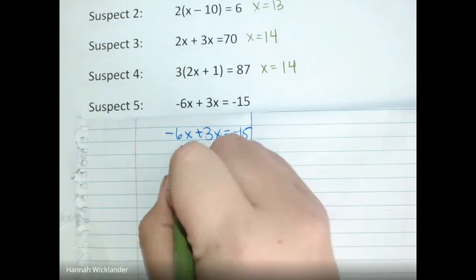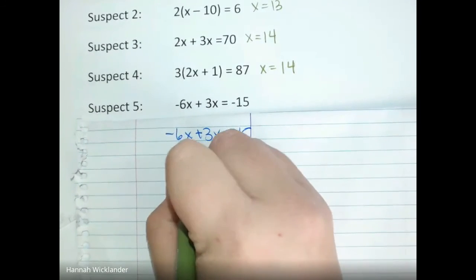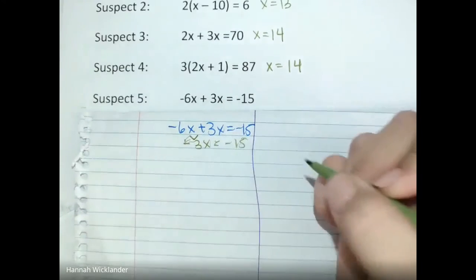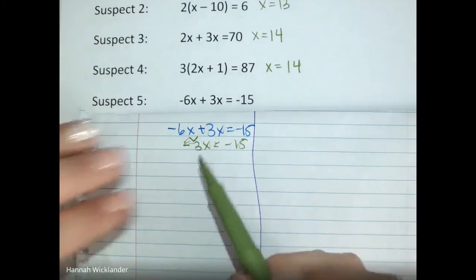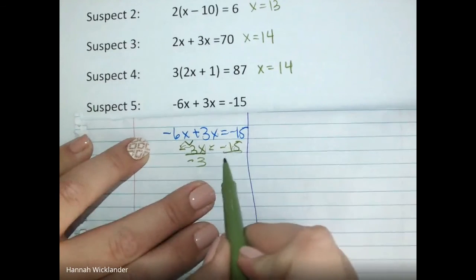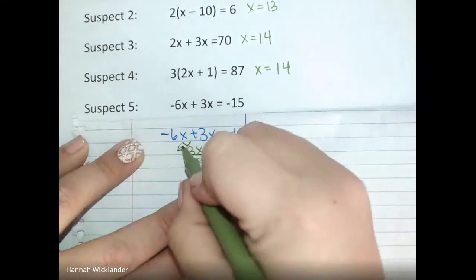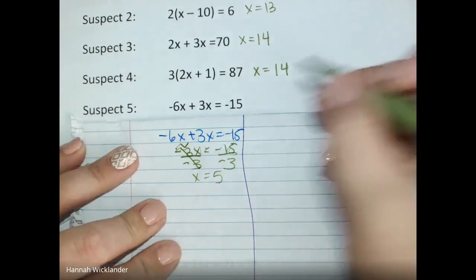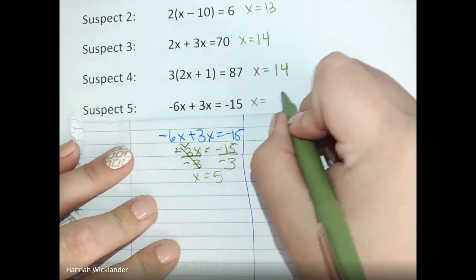Negative 3x, correct. So combining my like terms, I get negative 3x equals negative 15. I'm going to divide both sides by negative 3 to get x by itself, and I'm left with x equals 5. So my answer is x equals 5.